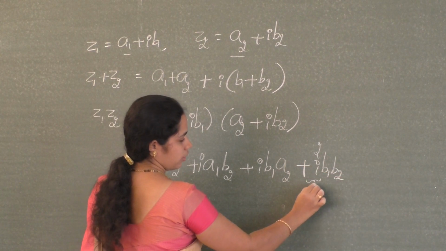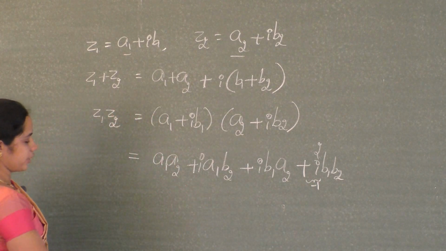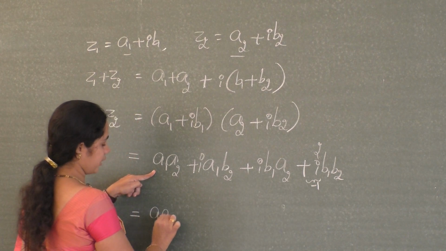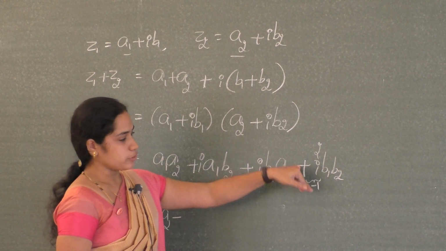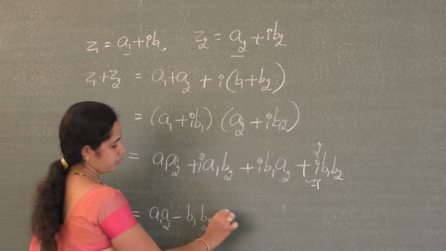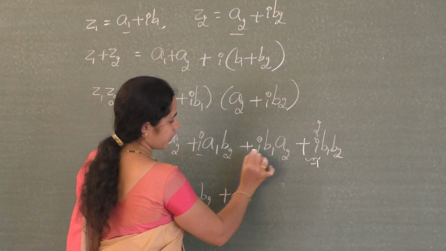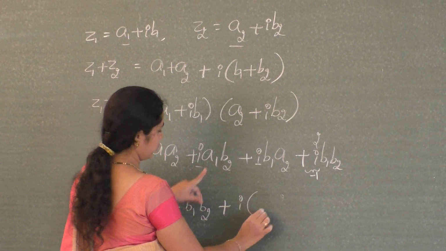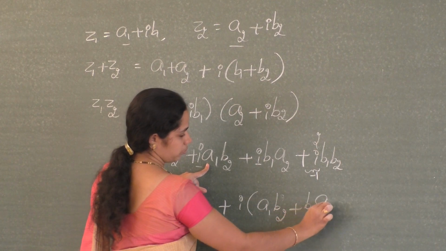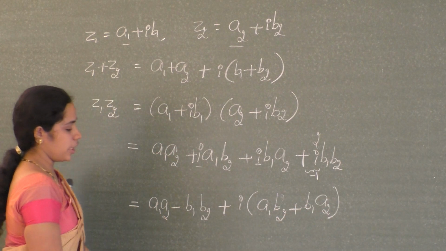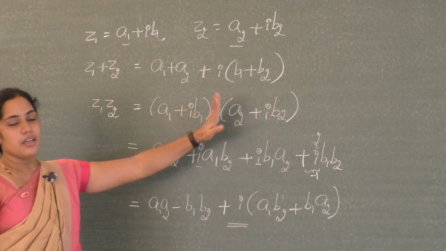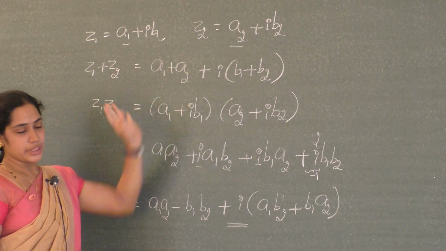What is i square? i square value is minus 1. So write together here: a1 a2 minus b1 b2, plus we can take i common, i into a1 b2 plus b1 a2. This is multiplication of two complex numbers. In case of problems, we can multiply directly two complex numbers.